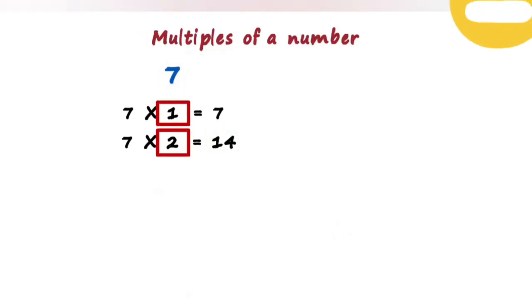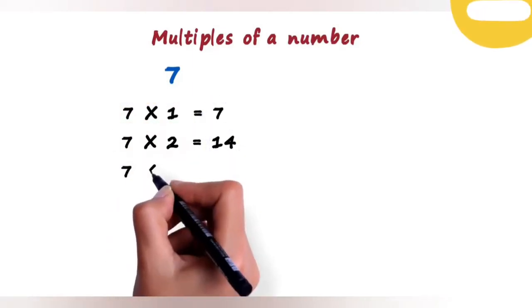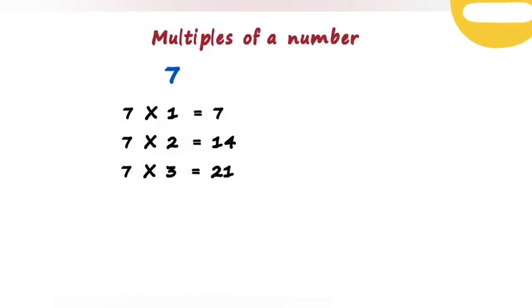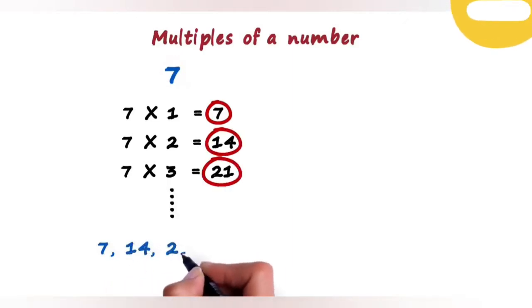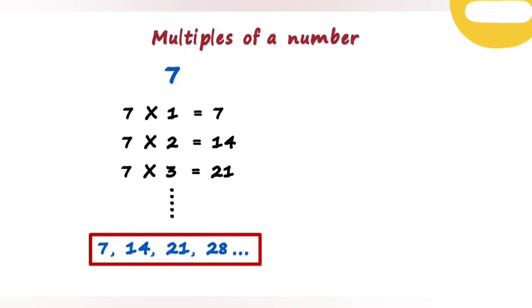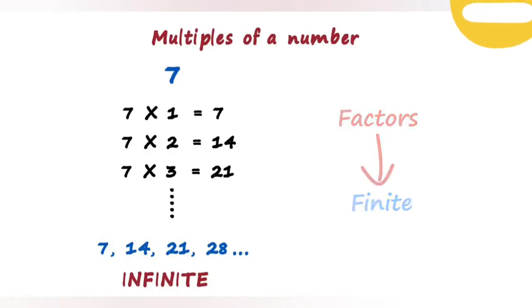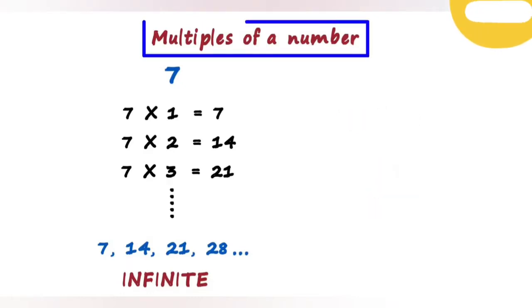If a number is multiplied with 7, we get a multiple of 7. And 7 multiplied by 3 is 21. And the list would continue forever. The multiples of 7 are 7, 14, 21, 28 and so on. This proves that the list of multiples of a number is infinite, whereas the number of factors of a number is always finite.